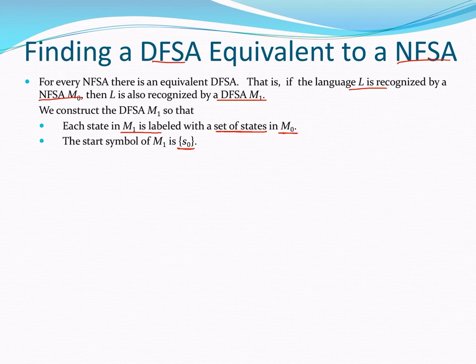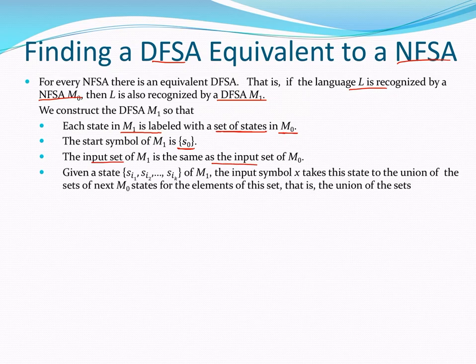Remember, S0 comes from M0. The states in M1 will be labeled with sets of states. They have the same input alphabet. And then this looks like the label of a state in M1. It's a set of states from M0.